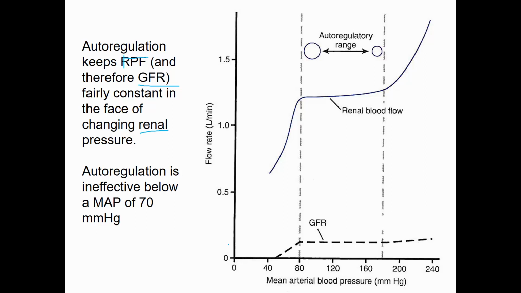So here's what we see. Our x-axis is mean arterial blood pressure. Notice it's 40, 80, 120, 160, 200, etc. Now, notice before 70 or 80, so I've always been taught 70. This particular graph shows 80, but somewhere around 70 or 80.